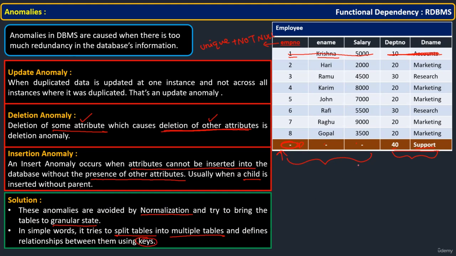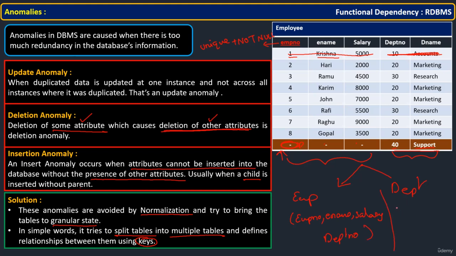Especially this part, you divide into the employee table as one, and the DEPT table as another. In the employee table, we are going to have EMP number, E name, salary, and department number. This is the EMP table.